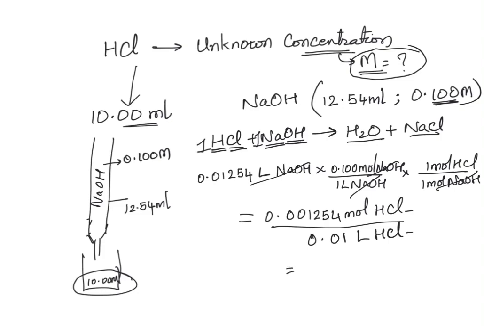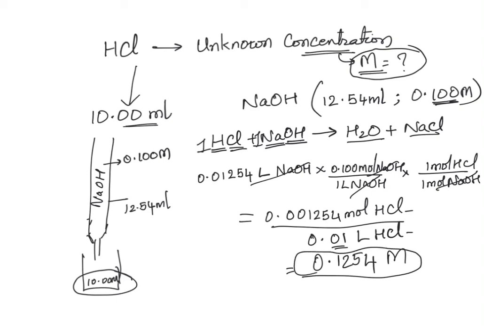So 0.001254 moles of HCl in a solution volume of 0.01 liter. What is the molarity of this? 0.1254 molar, right? So when 0.001254 moles of HCl has a volume of 0.01 liters, then this is the molarity.